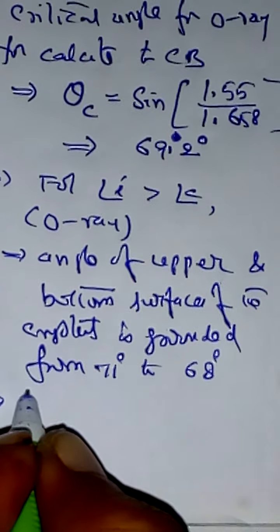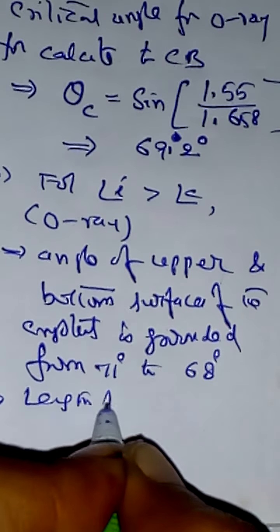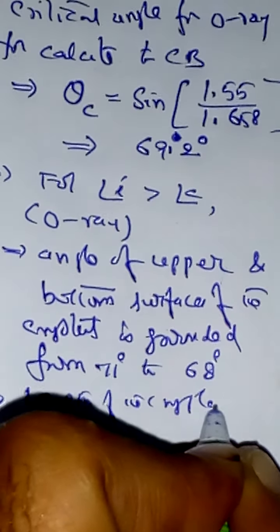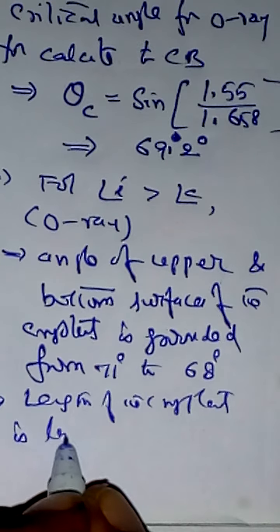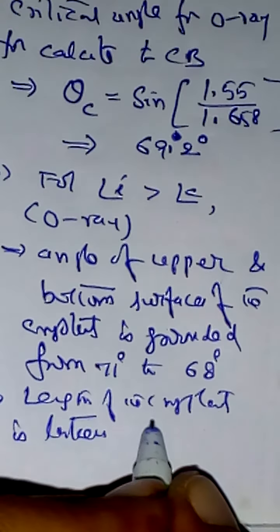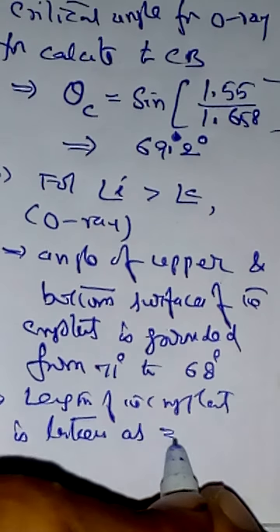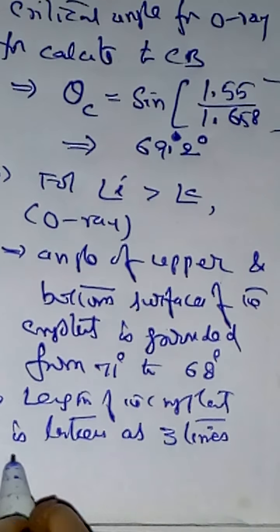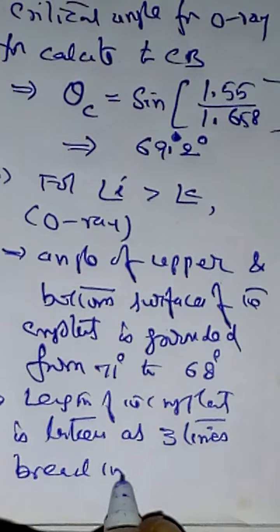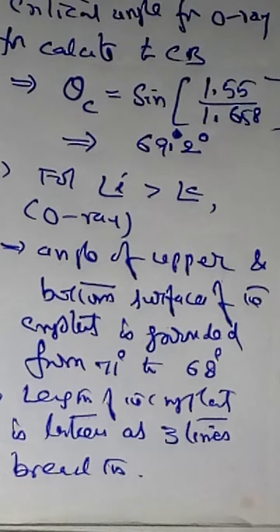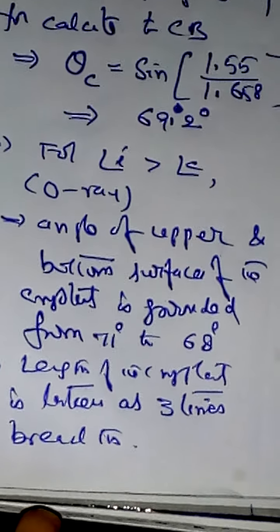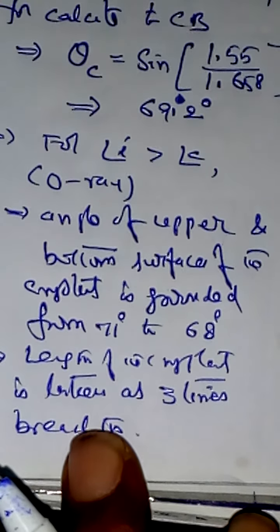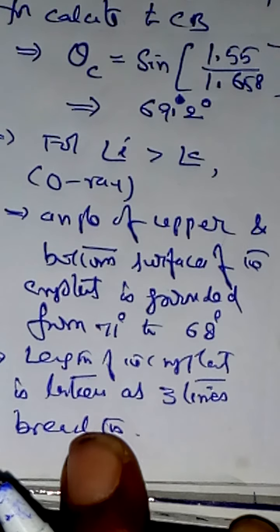And we know that the length of the crystal is taken as 3 times the breadth. In the last session I told you, in the structure of the calcite crystal itself, called prism, the length will always be 3 times the breadth. This is for the ordinary ray.